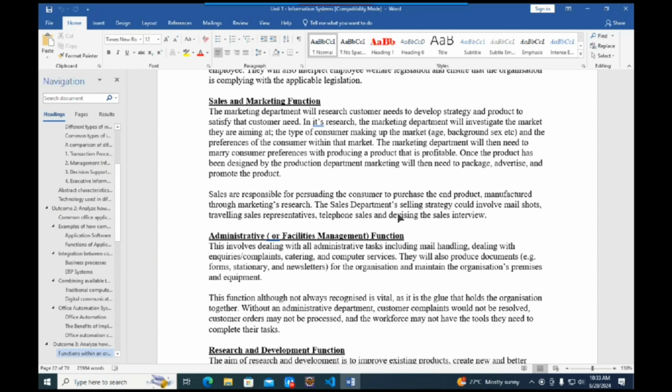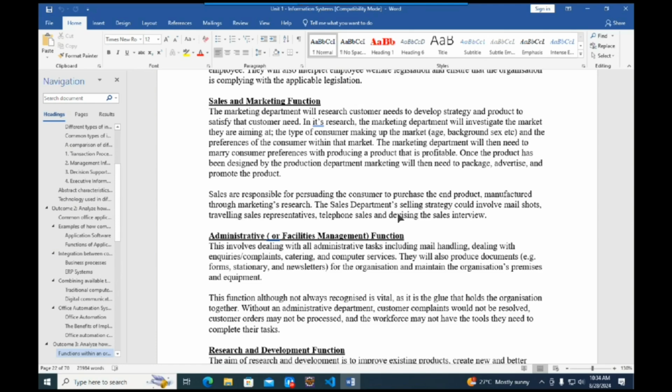As it does its research, it is going to look at the market to which they are going to send the products. They're going to look at the different types of consumers that make up the market in terms of age, background, gender, etc. And also, what are the preferences of the customers in that particular market?